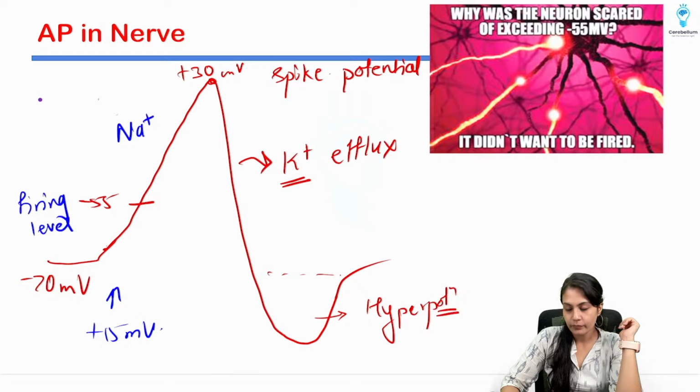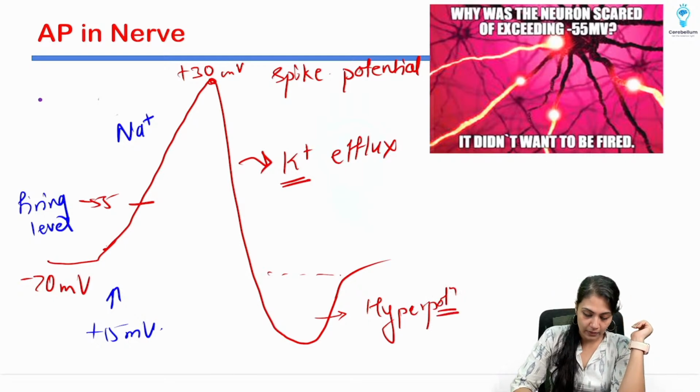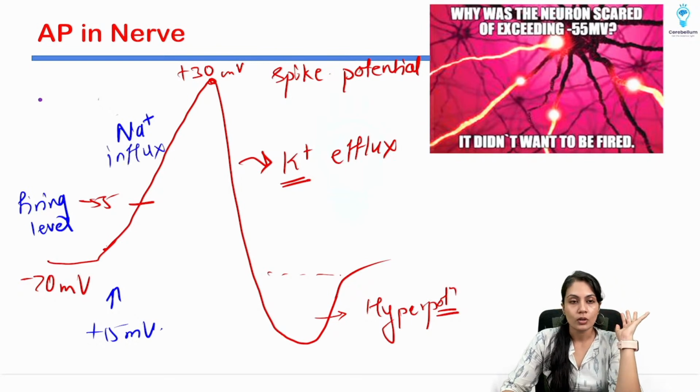But after some time, it will come back to its normal RMP. So sodium influx you can write over here, right? So this is the action potential in the nerve, right?